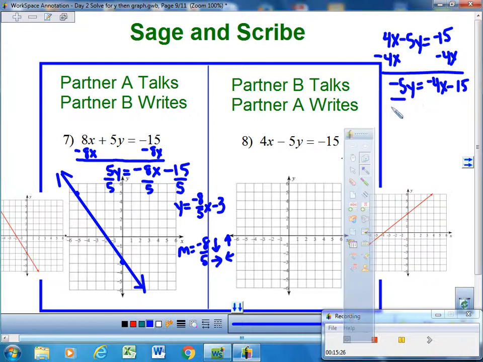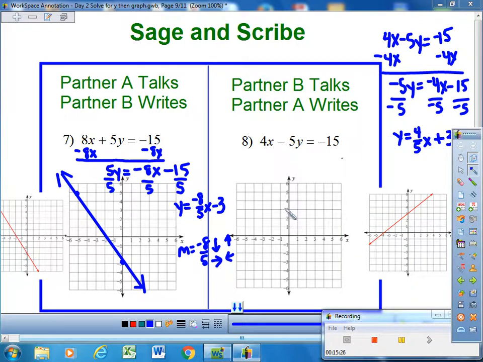Divide everything by negative 5. Y equals a negative over a negative is a positive. And negative over negative is a positive. 15 divided by 5 is 3.